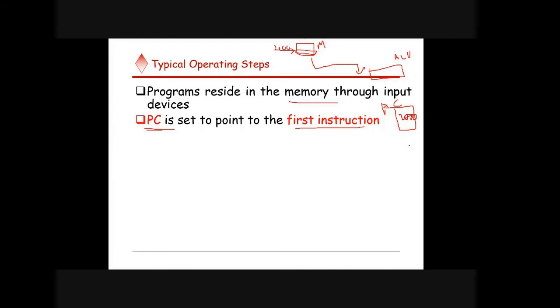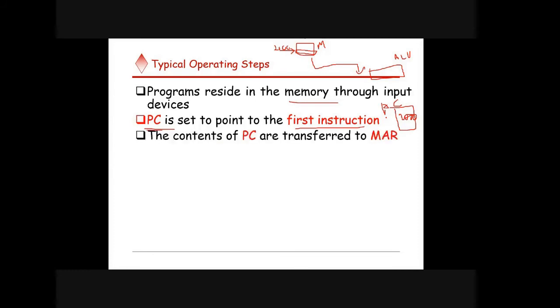If one instruction takes 4 bytes, it will increment to 2004, or if one instruction takes 1 byte, it increments to 2001. We'll see those details later. Anyway, it will move to the next instruction; that much you should understand. So in the beginning, the program counter has the address of the first instruction of your program.